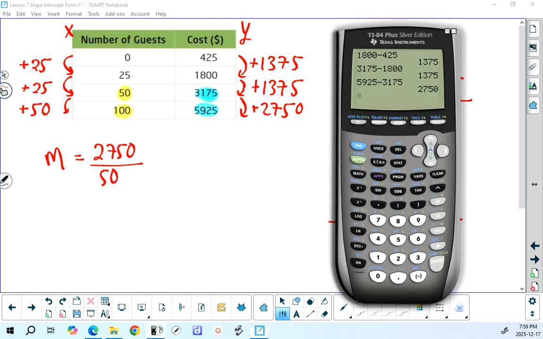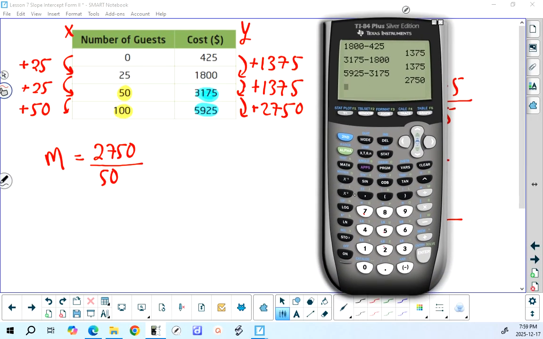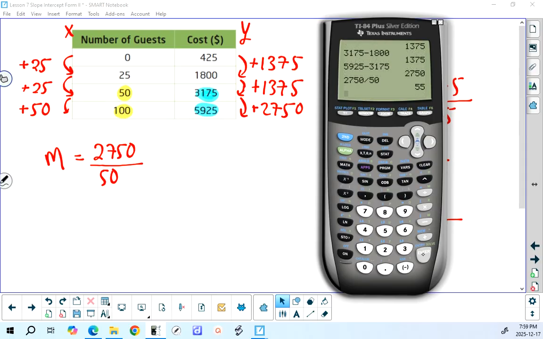So let's calculate the slope between the third point and the fourth point. It's 27.50 divided by 50. If I can get this to erase, there we go. 27.50 divided by 50 is 55.